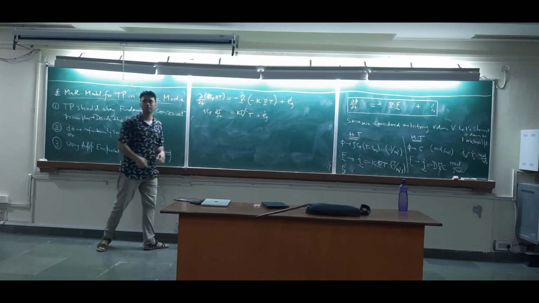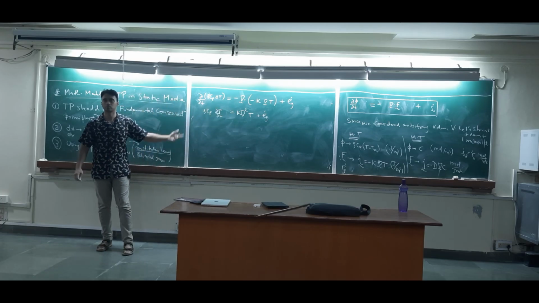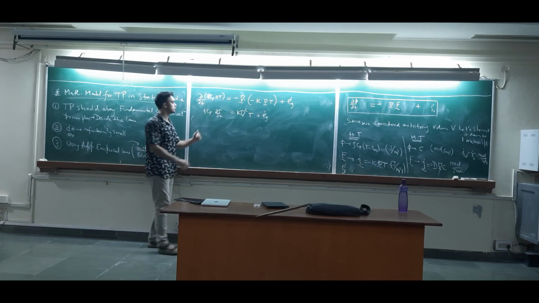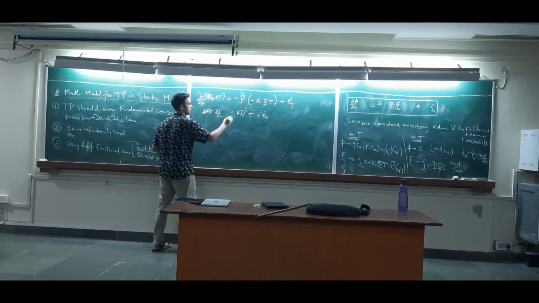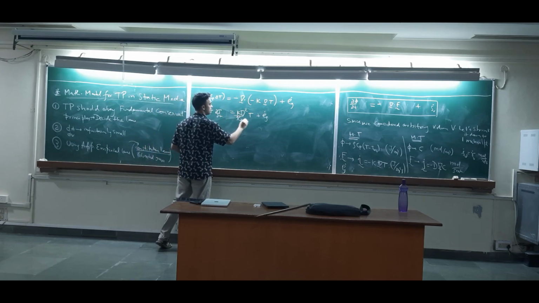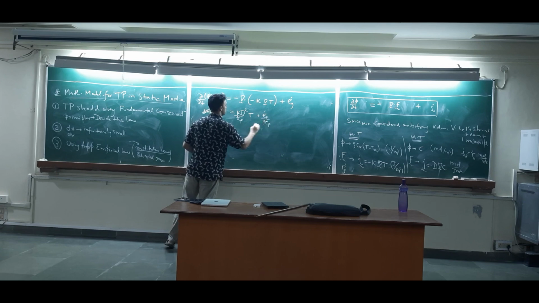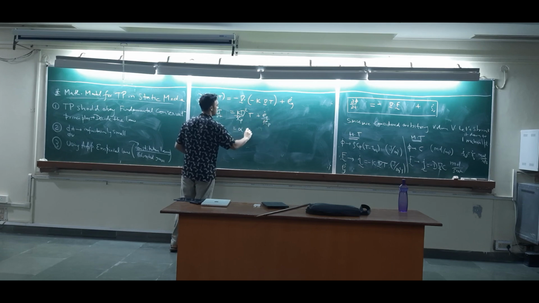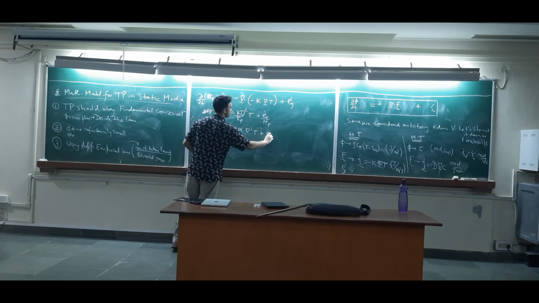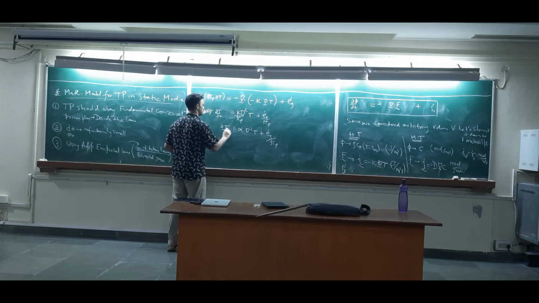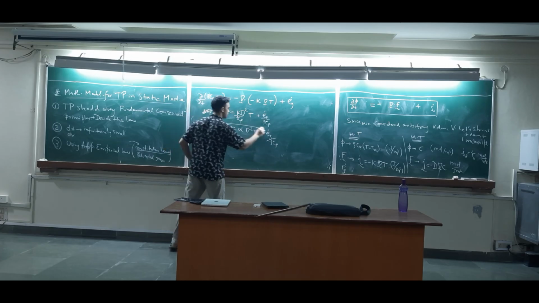The reference temperature is not a function of time, so that vanishes. You can take this to the other side: K by rho Cp, this by rho Cp, this becomes alpha del square T plus E gen by rho Cp. This is your heat diffusion equation.